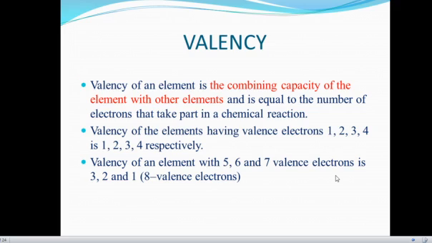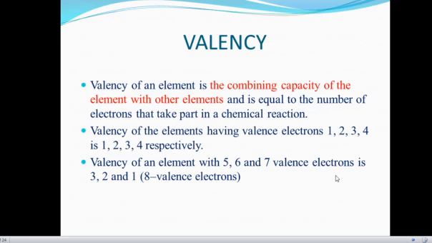For example, the valency of an element having valence electrons 1, 2, 3, 4 is 1, 2, 3, 4. For example, hydrogen: how many electrons in the outermost cell? 1, so its valency is 1.